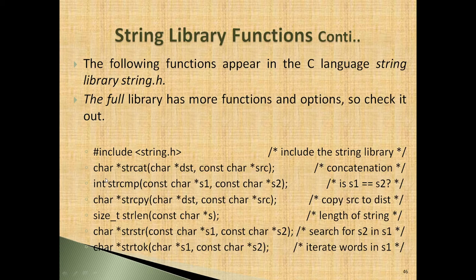Here are some examples of functions in the string library: char pointer strcat, that is string concatenation, with char pointer destination and const char pointer source. This is used for concatenation of two strings, represented in the source variable and the destination variable.